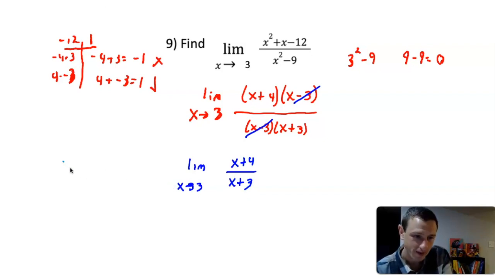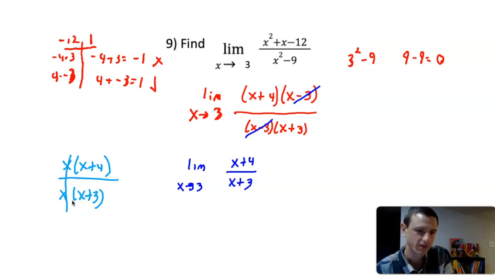If you had x times (x plus 4) over x times (x plus 3), then yes, the x's will drop out, because they are factors of the numerator and denominator. So that would cancel out, leaving us with that. But in this case, it's x plus 4 over x plus 3. What a lot of people do, once I don't write those parentheses in, is think, oh, it's fair game, I'm going to cross out those x's.